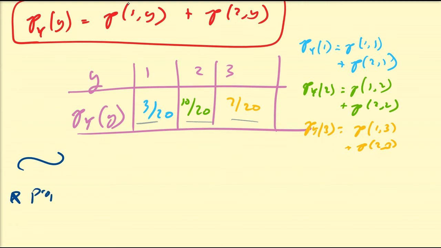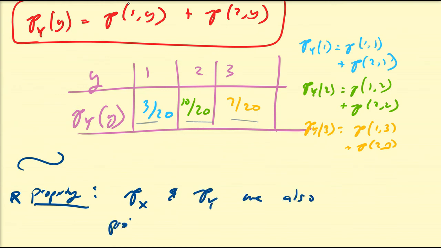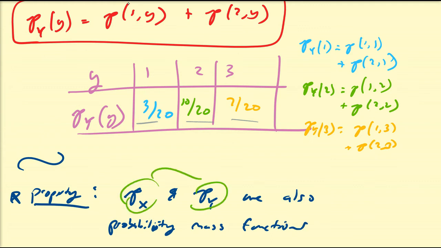A useful property: the marginal PMFs, p_X and p_Y, are also probability mass functions. And remember, these are what we call marginal PMFs.